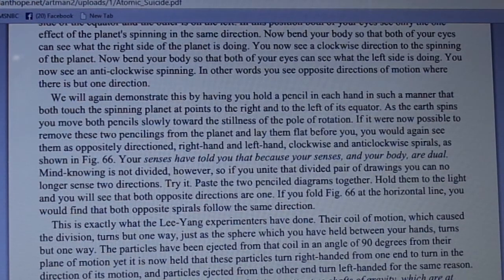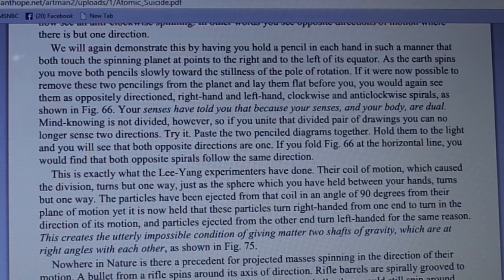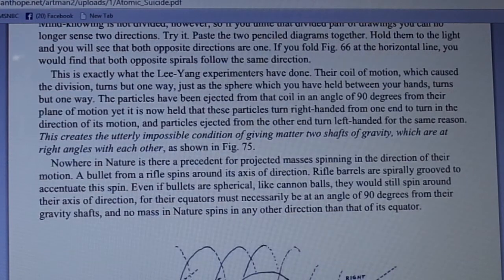This creates the utterly impossible condition of giving matter two shafts of gravity which are at right angles with each other. Nowhere in nature is there a precedent for projected masses spinning in the direction of their motion. A bullet from a rifle spins around its axis of direction.